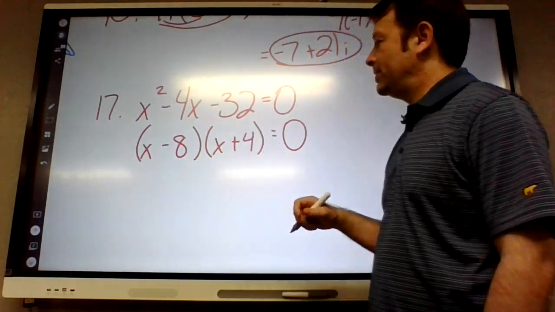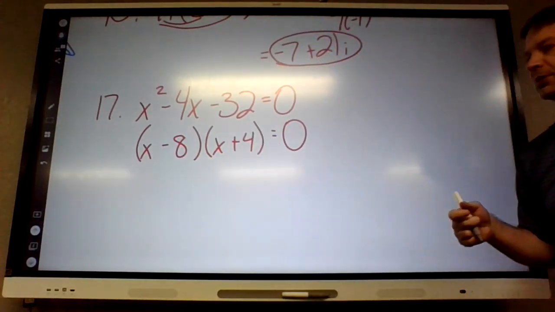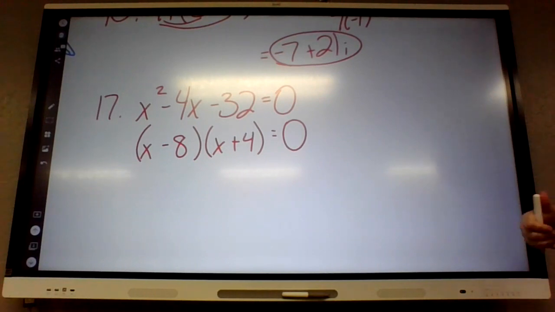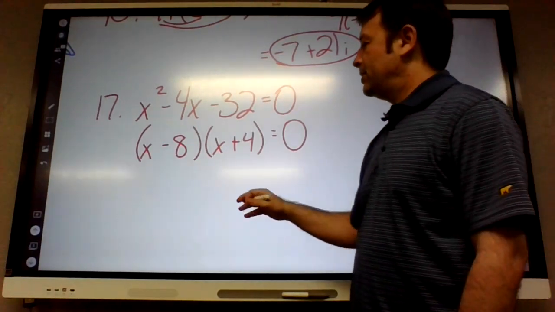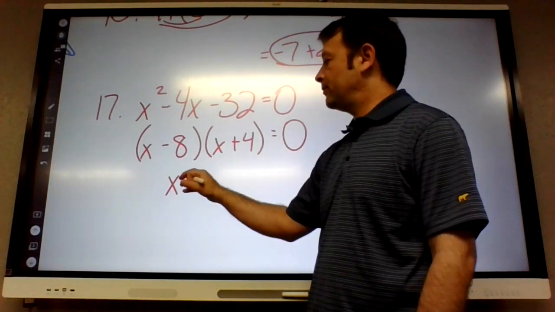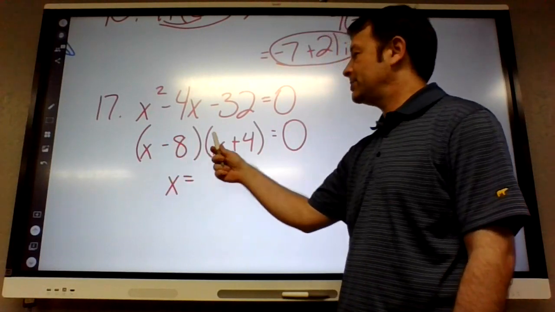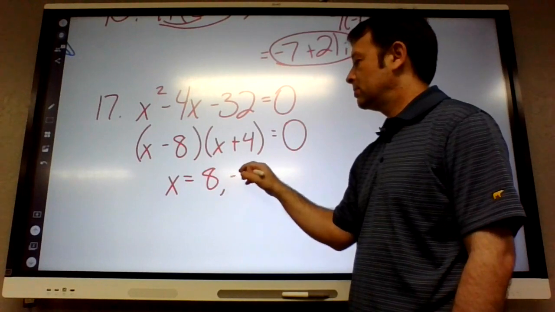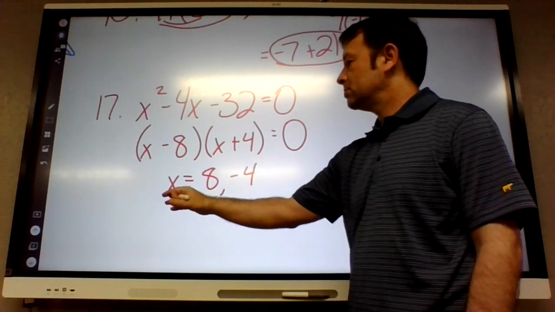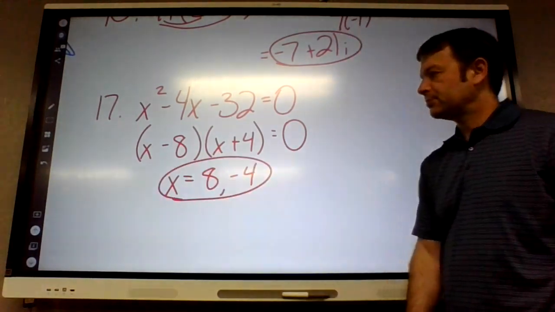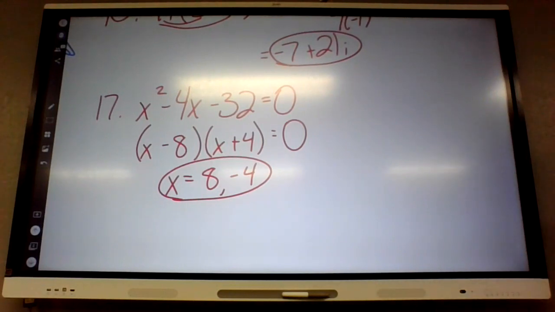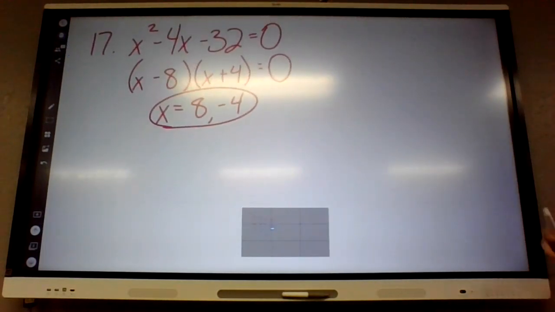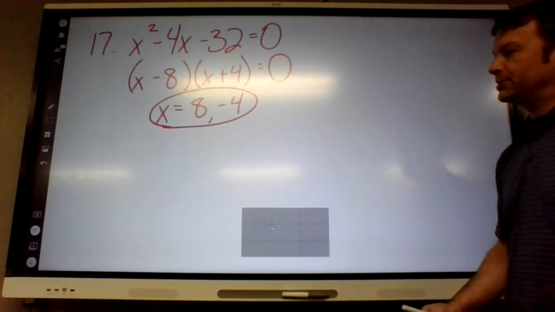They multiply into negative 32, and they add up to negative 4. And then, to solve, we have to say what x values would make these factors equal 0. And since it's an equation, you could check your answers.